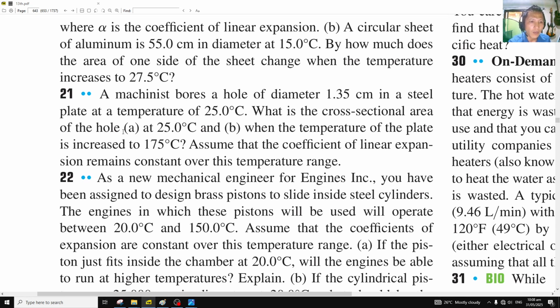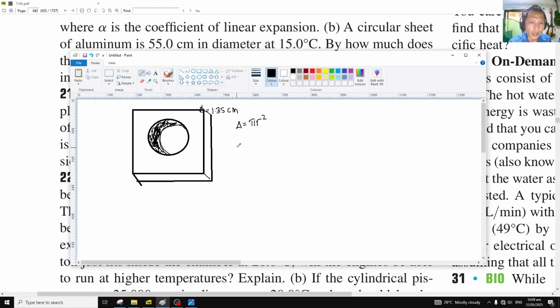So at 25, where do you put the temperatures? There is no change in temperature yet. So you can definitely calculate the area. That is for the radius. If the diameter is given, that would be pi over 4 times the diameter squared, with your 1.35 centimeter.